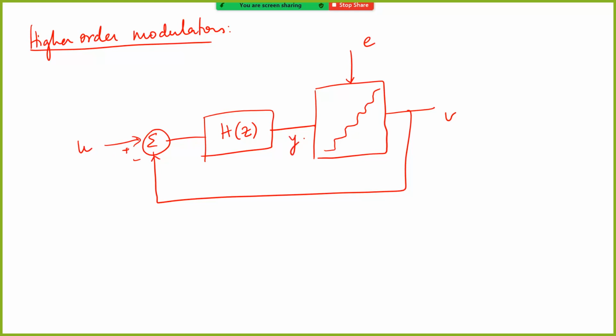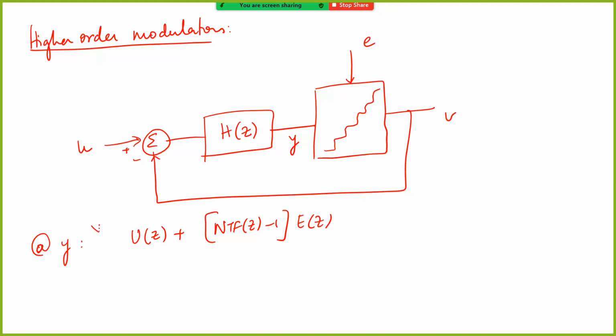Now, what did we see in last class? At y, the transfer function between y and e, the noise, or rather the expression at y, we can say that it is going to be U(z) plus (NTF(z) minus 1) times E(z), right?